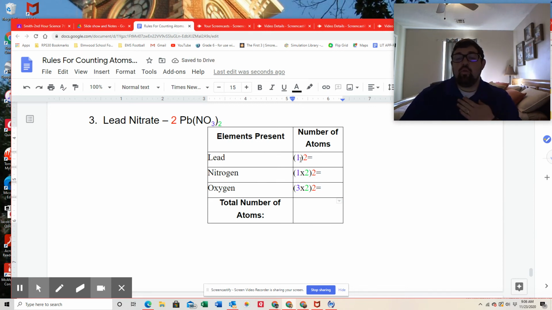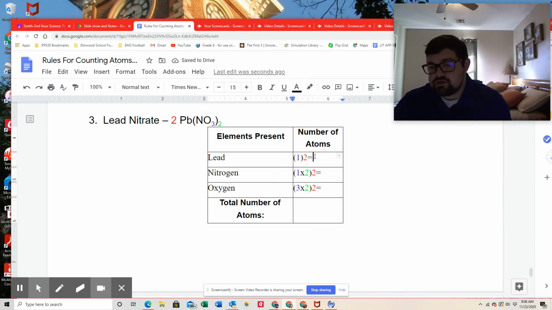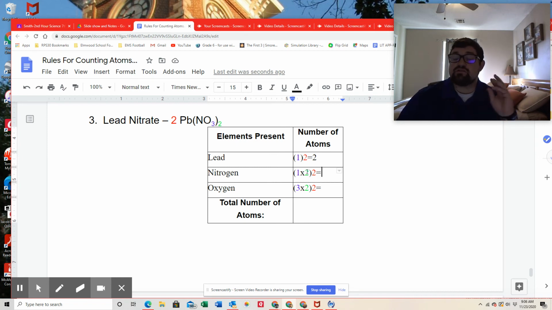So 1 times 2 is 2 atoms of lead. 1 times 2, because I have 2 nitrates in lead nitrate, and then I have 2 lead nitrates. So that's 1 times 2 is 2, times 2 is 4 nitrogen.